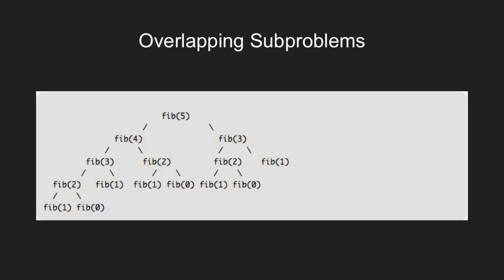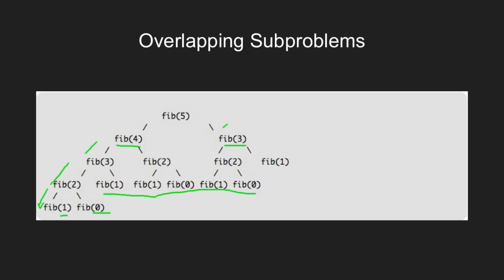Let's see what happens when we try to calculate fib5. Since 5 is not less than or equal to 1, we first need to calculate fib4 and fib3, and we keep on calling the fib function to calculate the preceding numbers until n is either 1 or 0. The interesting thing to notice here is that we are calling the fib function to calculate the same number multiple times.